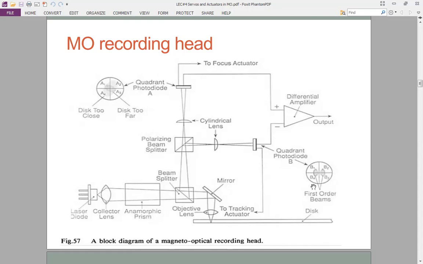The quadrant photodiode A is meant to track the focus.